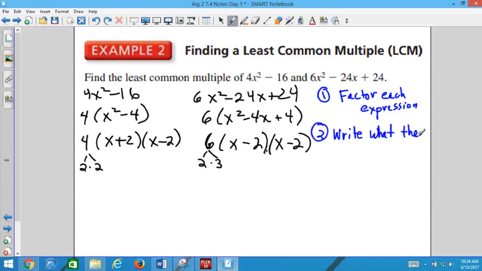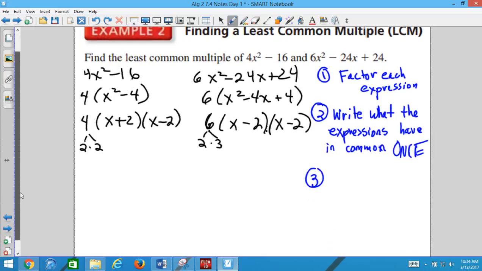What the expressions have in common once. I am going to write my third step over there and then we'll actually do it.